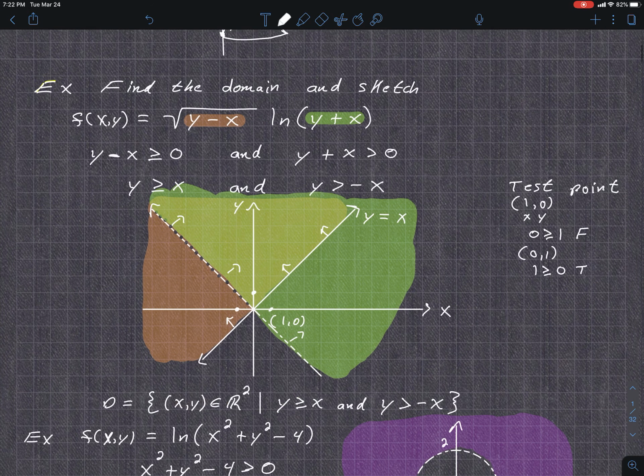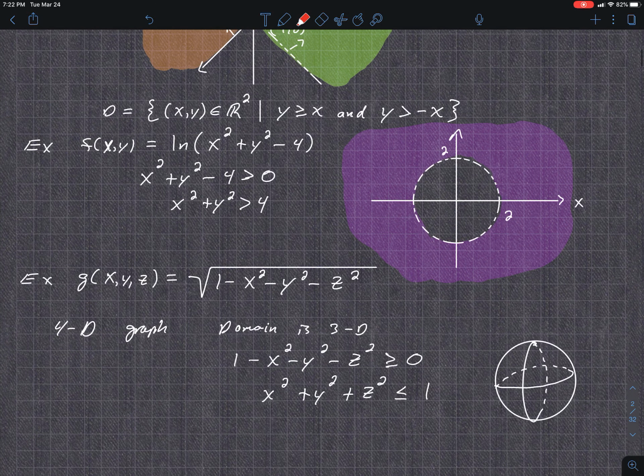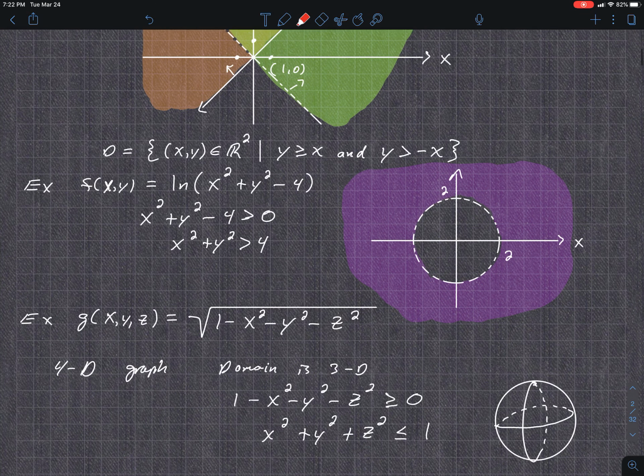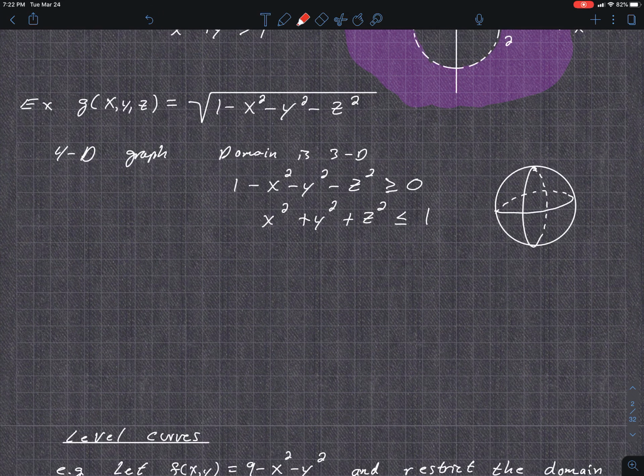Okay, so then we went to finding the domain and sketching it of two variables. Make sure these are definitely types of questions you want to be able to do. Sketch the domain in 2D mostly. Okay, so go through all those. This was an example of a domain in three variables.